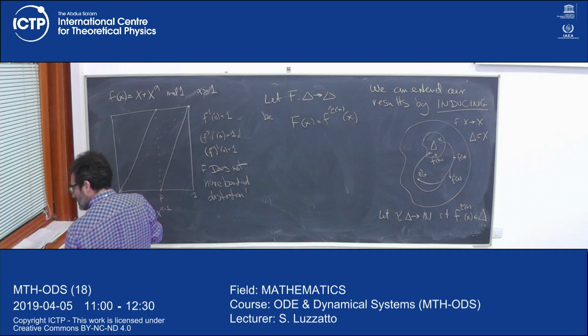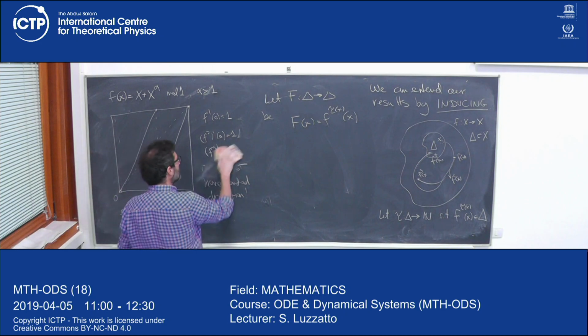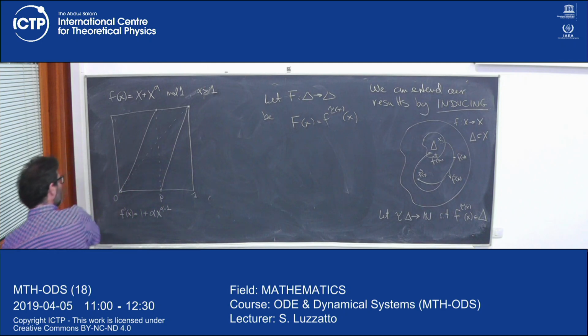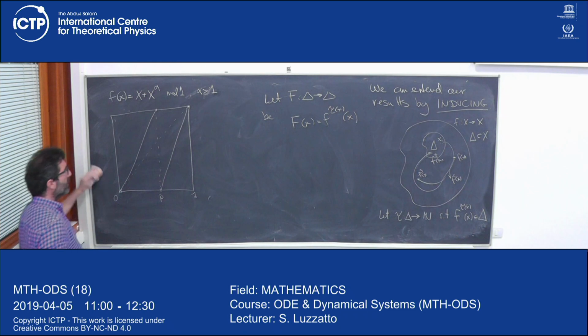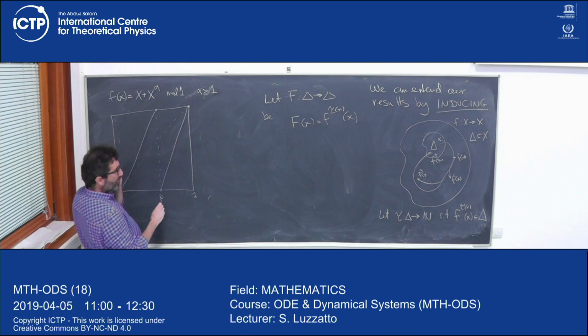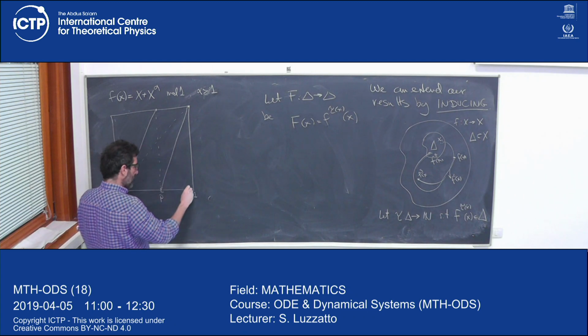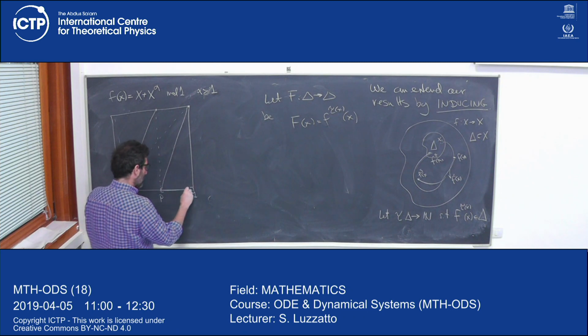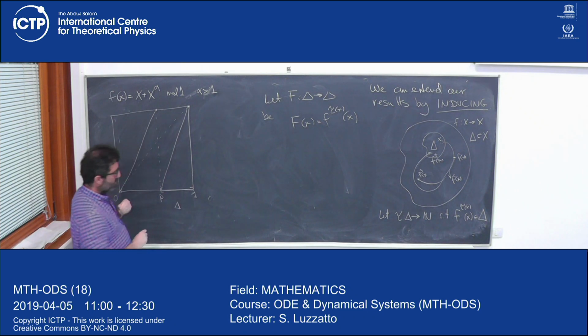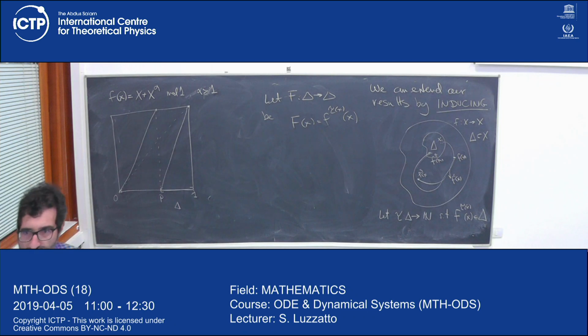Okay? And let's give an example of this construction here. Sorry, why are we restricting the domain to Delta?